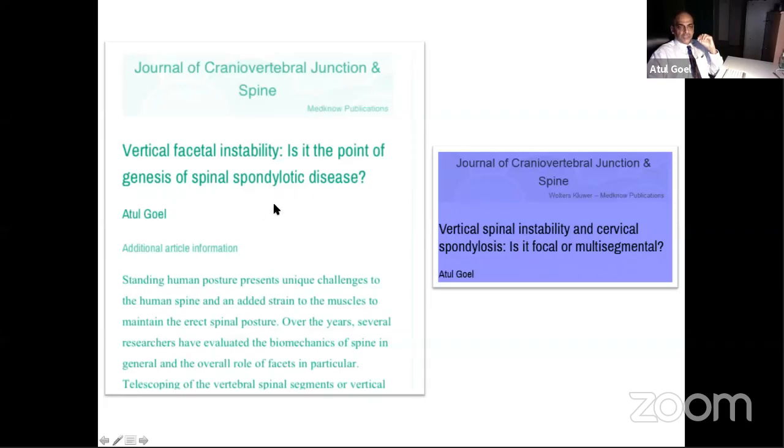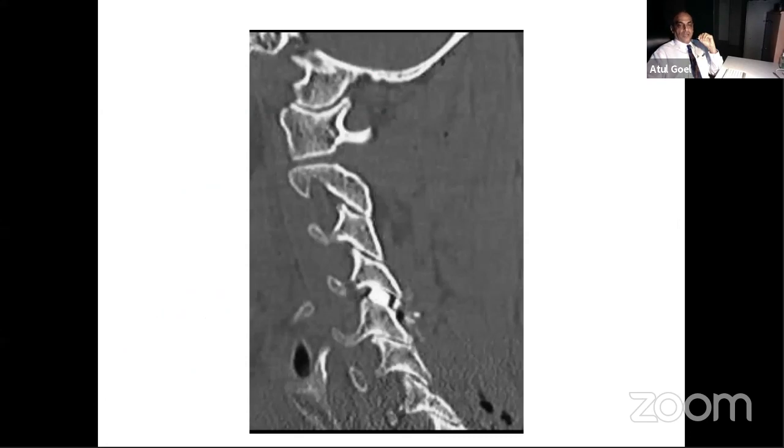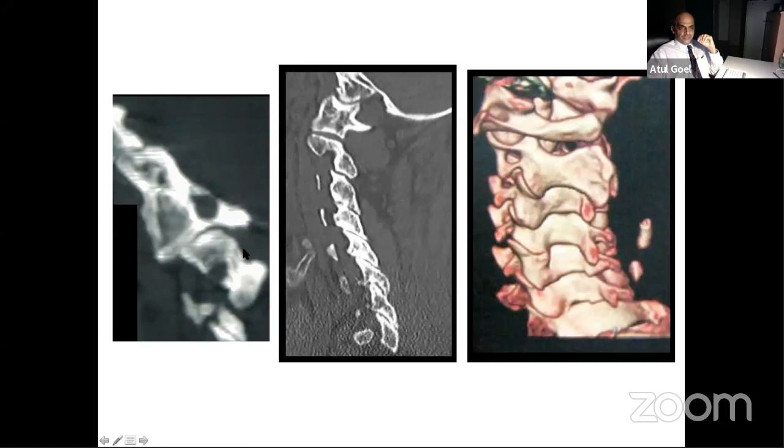Osteophyte formation is a secondary phenomenon. Ligamentum flavum buckling is due to the vertical reduction in the height of the spinal column. And facetal distraction is the treatment. We can see very clearly the facets of C1 and C2, but the facets of the cervical spine and lumbar spine have never been really studied in the literature.